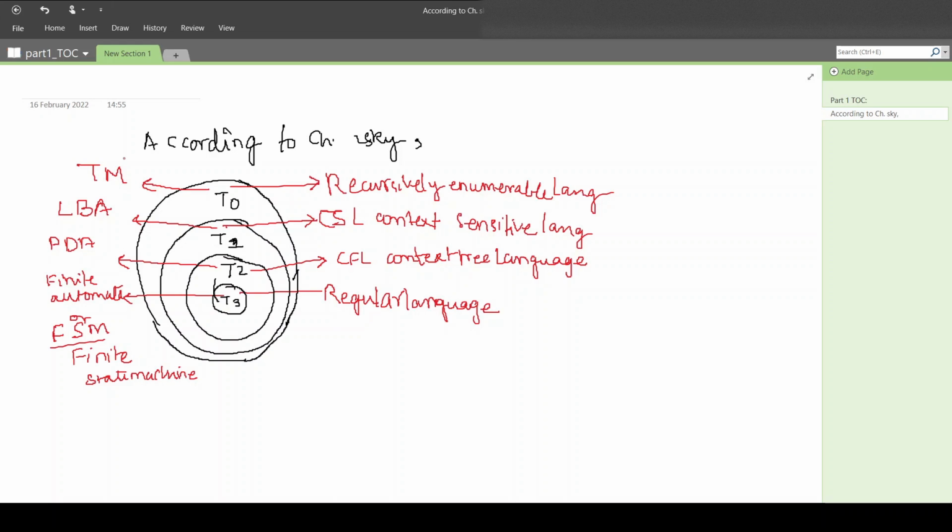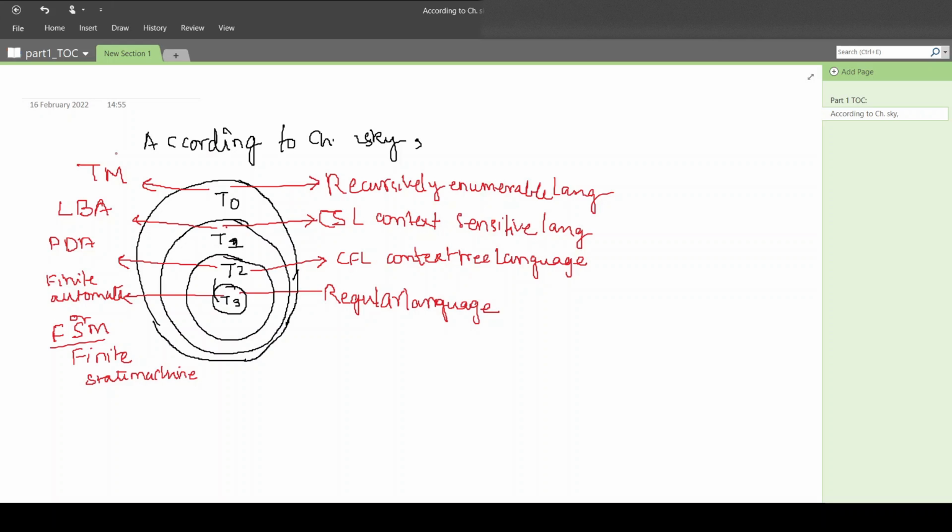Basically, there is very little difference between the linear bounded automata and Turing machine. The difference is that the size is infinite in the case of Turing machines, and in linear bounded automata the stack size is bounded. So nothing much different, and linear bounded automata is just for name's sake. So this is what we need to cover so that the TOC part is completed.